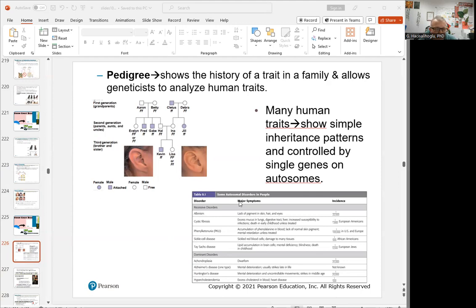So these are some recessive disorders like albinism, cystic fibrosis, sickle cell, and here are some dominant ones like Alzheimer, Huntington disease, hypercholesteremia, which are dominant disorders in human, and these are ratios of each.